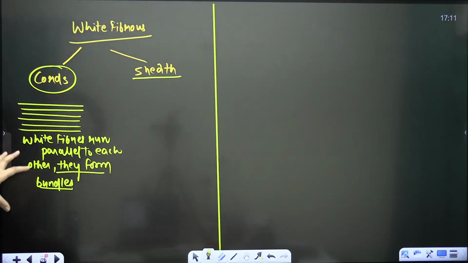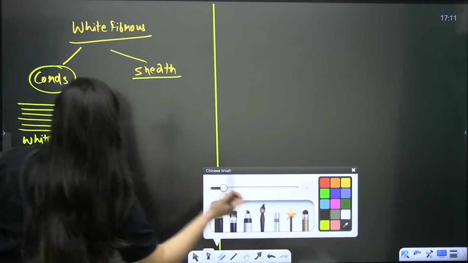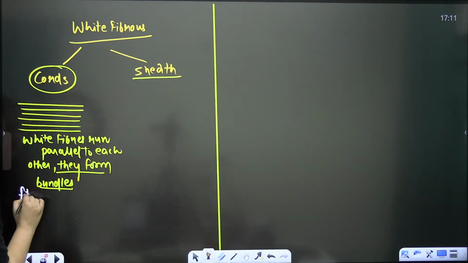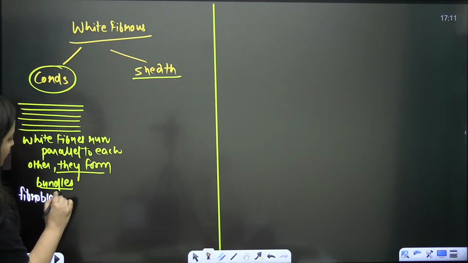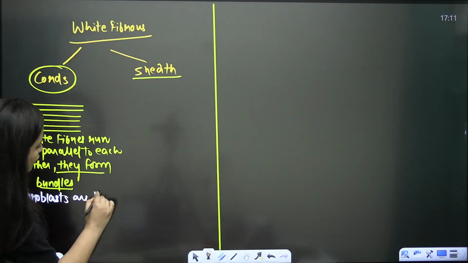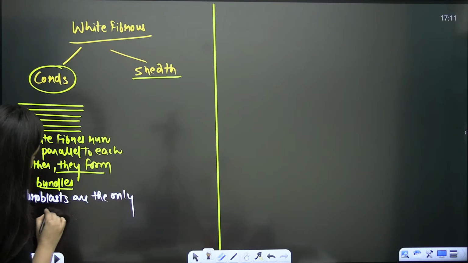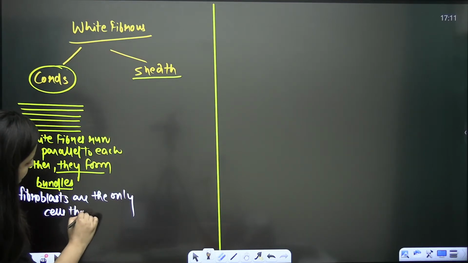So here white fibers run parallel and form the cords, and all these bundles are arranged together with the help of the areolar tissue. And in these cords, fibroblasts are the only cells that are present.